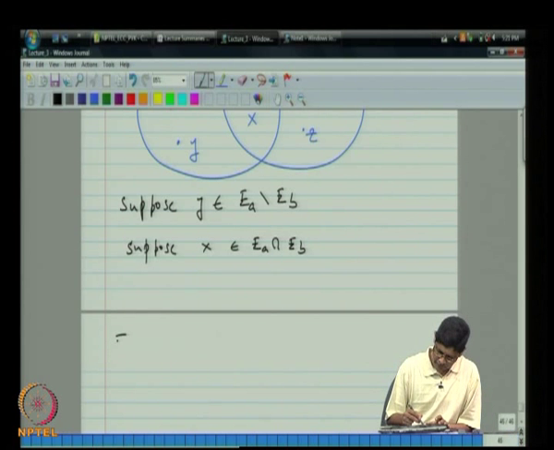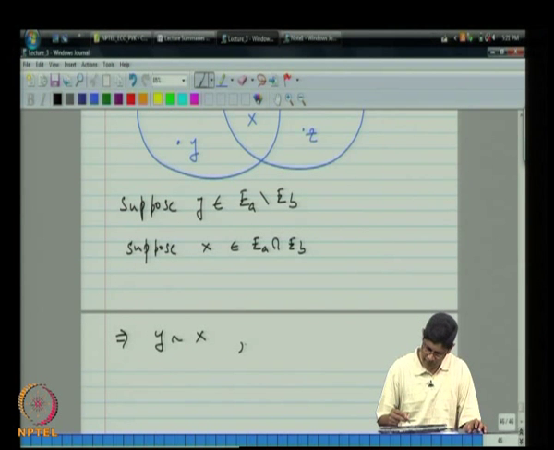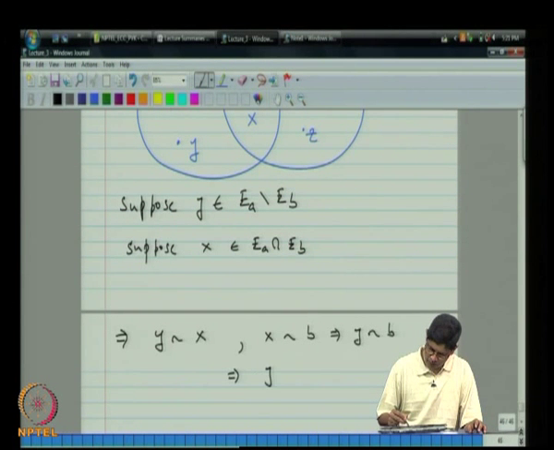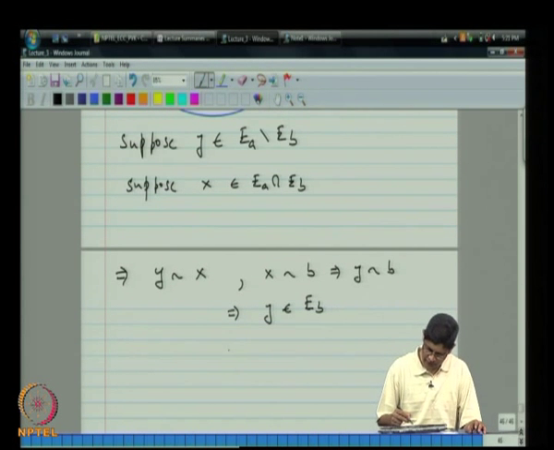But then this implies that Y is equivalent to X, and you have X is equivalent to B, implies that Y is equivalent to B, implies that Y belongs to E_B, which is a contradiction.